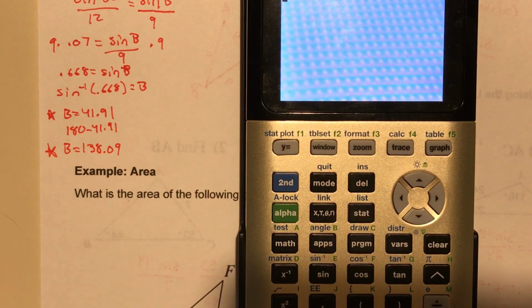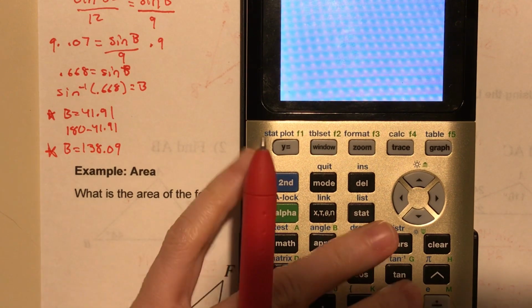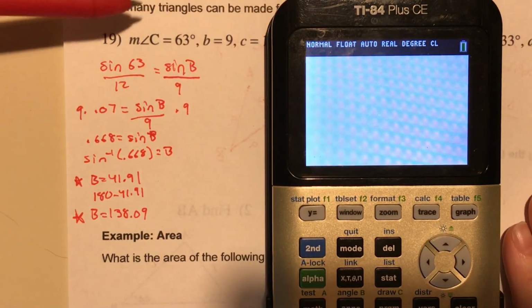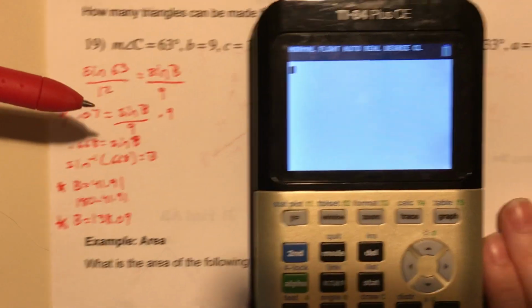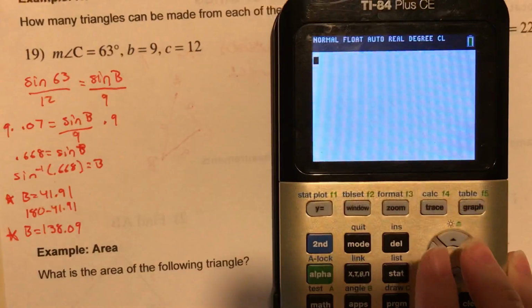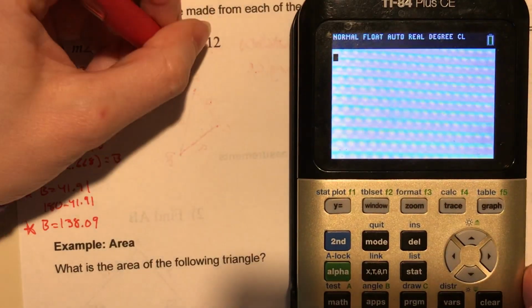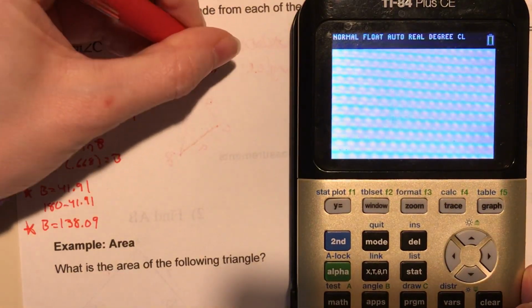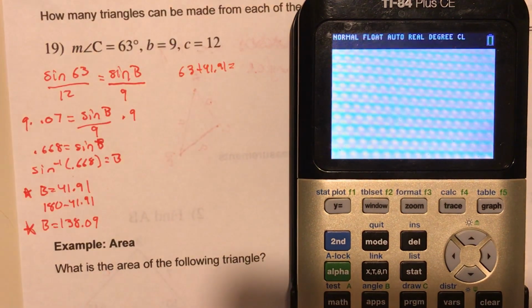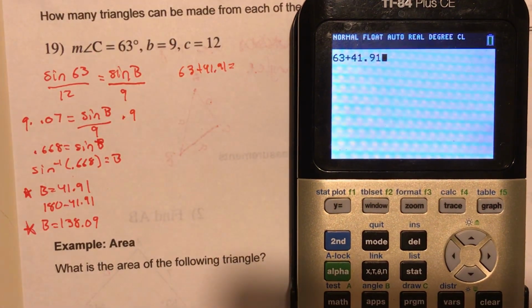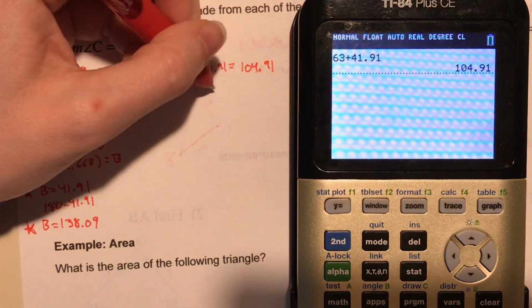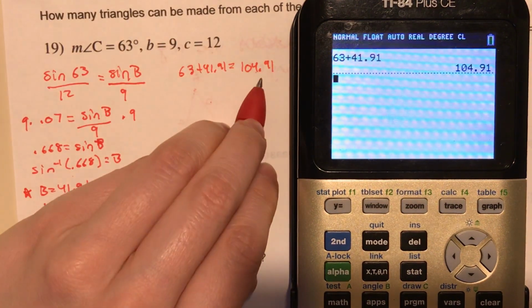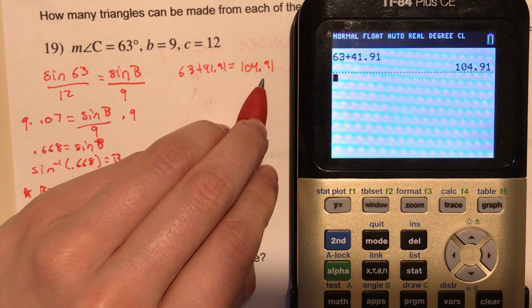What we need to ask ourselves is, is it possible for a triangle to contain angle C with 63 and angle B with 41.91? The way I'm going to check is to add them together. 63 plus 41.91 is equal to 104.91. That number is less than 180. There are three angles in a triangle.